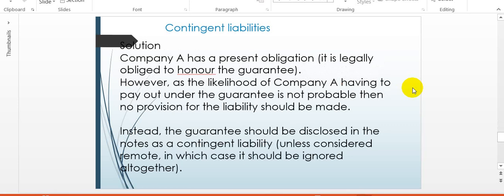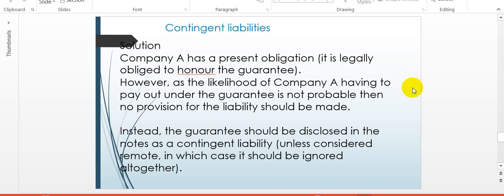The company has a present obligation, which is that it has given a guarantee, so it is legally obliged to honor the guarantee. However, as the likelihood of company A having to pay out under the guarantee is not probable, then no provision for the liability should be made.